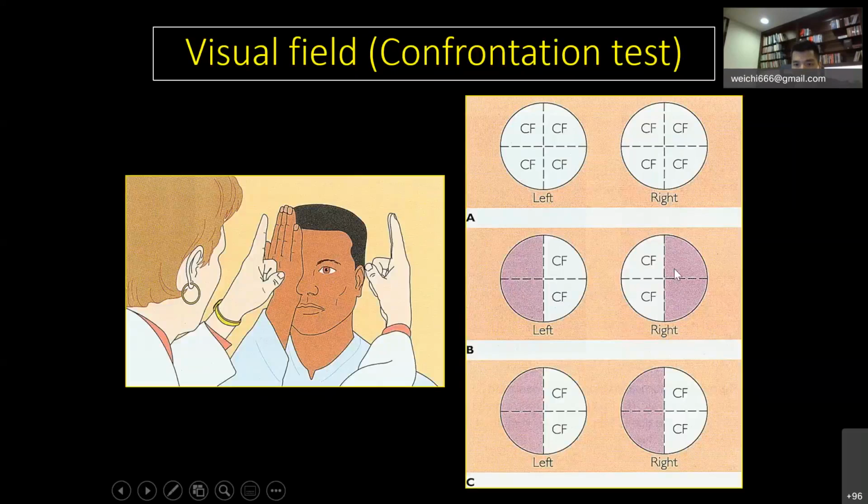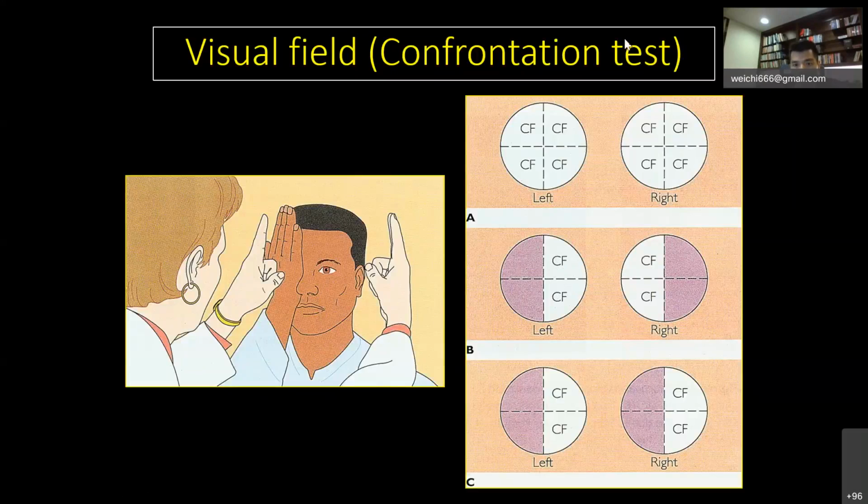So you could see there's a defect in the temporal image. Also in the left eye, we see that the nasal side image was okay, and he could count fingers correctly. But on the temporal side, he could not see the image either.